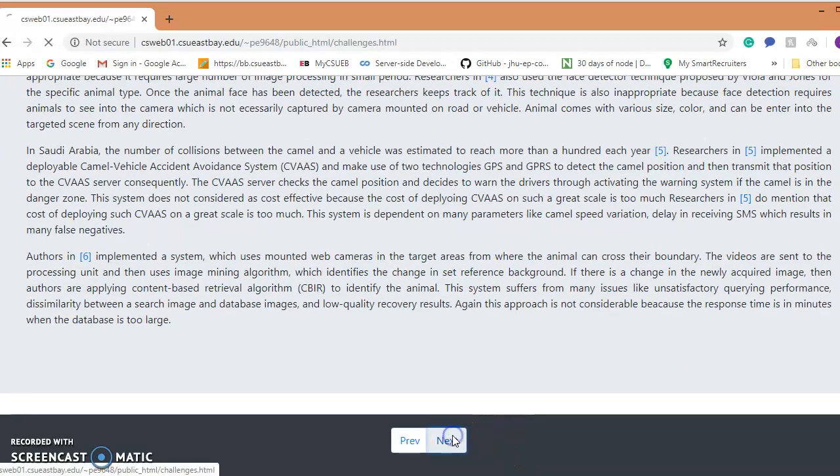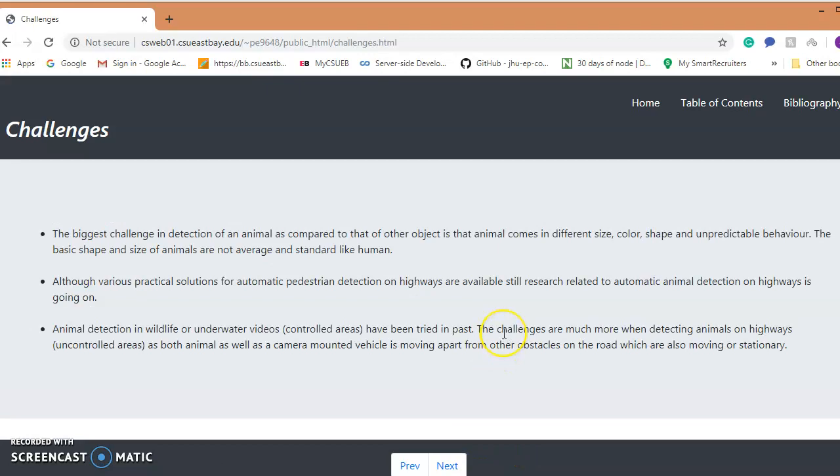So let's move to the challenges part. There are some challenges in implementing this system, that is, detecting animals on highways and avoiding collisions between animals and vehicles. One of the biggest challenges is that detecting an animal, as compared to other objects, is more difficult because animals come in different sizes, colors and shapes, and have unpredictable behavior.